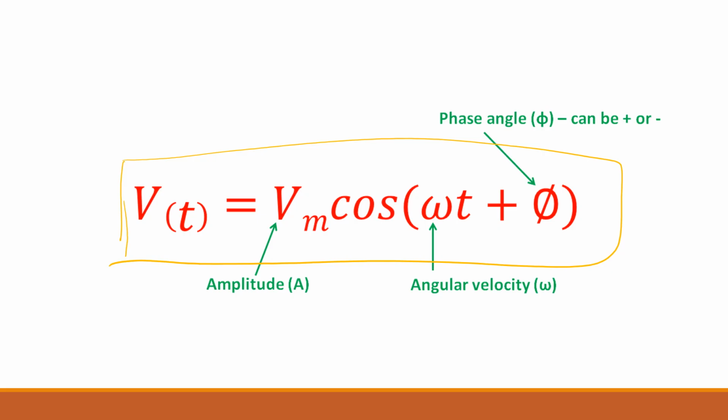Am I right? So whatever you have in front of the cosine is your amplitude. If it is a voltage signal, it can be the maximum voltage, or else if it is a current signal, whatever you have in front of the cosine will be your current amplitude. And whatever you have in front of the t will be your angular velocity, and this will be your phase.